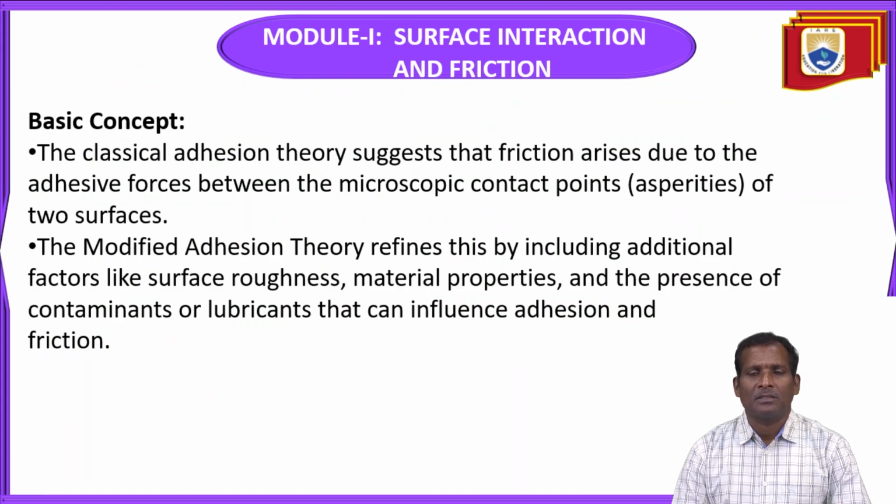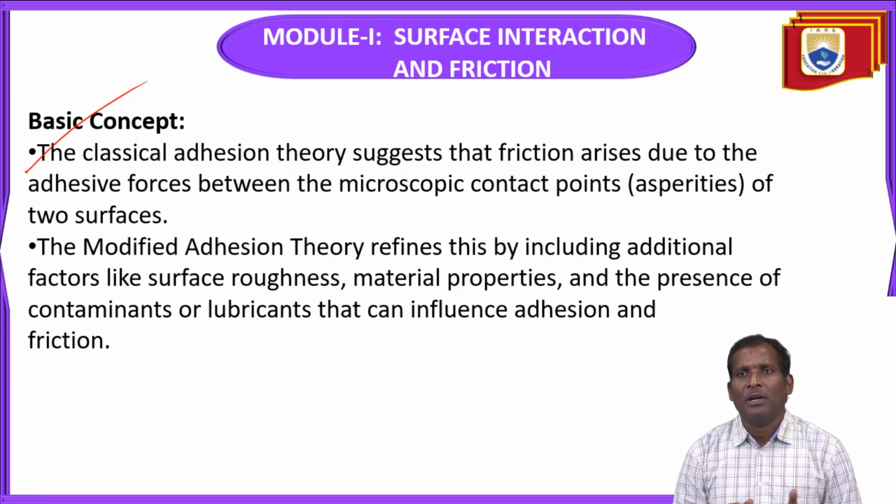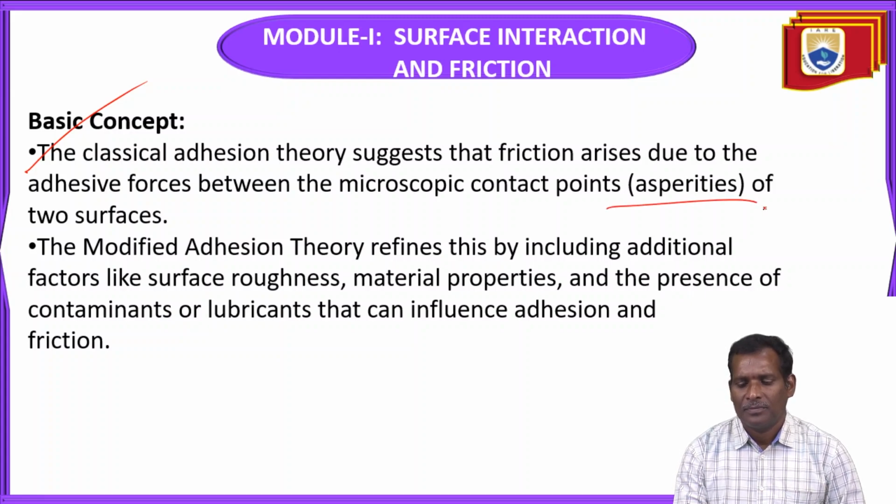So what is the basic concept? The classical adhesion theory suggests that friction arises due to the adhesive forces between the microscopic contact points. Those points are called asperities of the two surfaces.